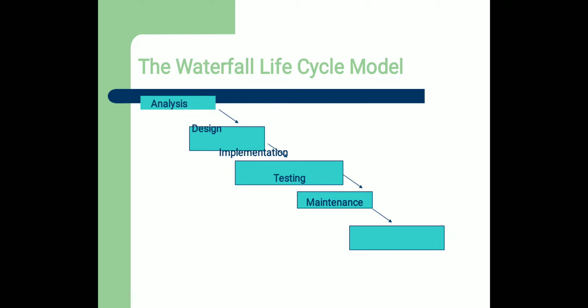In the waterfall model, or we call it the waterfall life cycle model, the main five major parts are analysis, design, implementation, testing and maintenance.